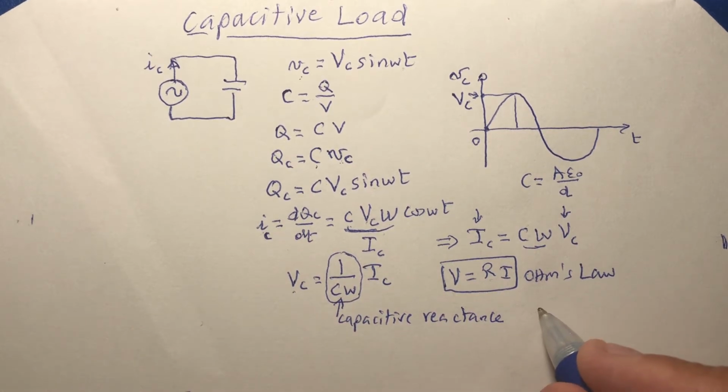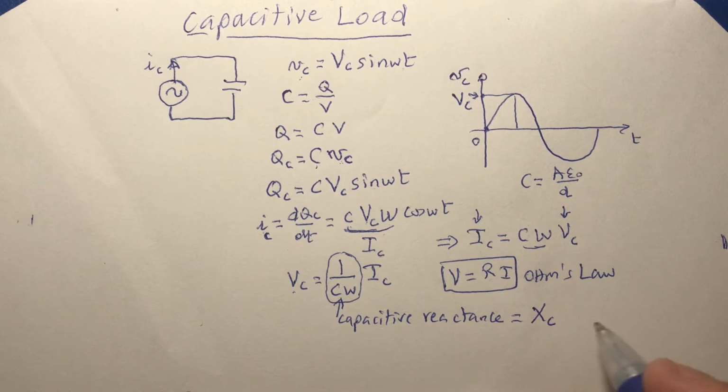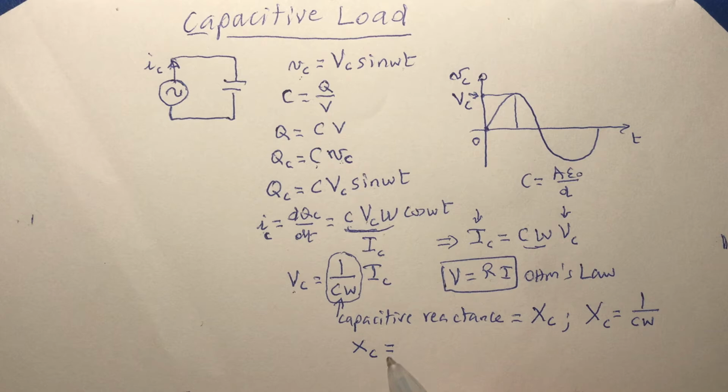They call it XC. So I put here XC, this is the reactance for the capacitor, or the resistance if you want: 1 over C omega. This XC is equal to 1 over C 2 pi F.